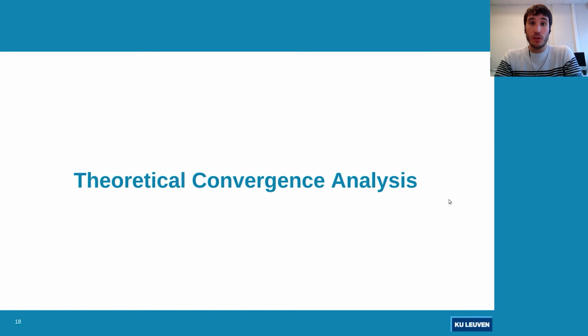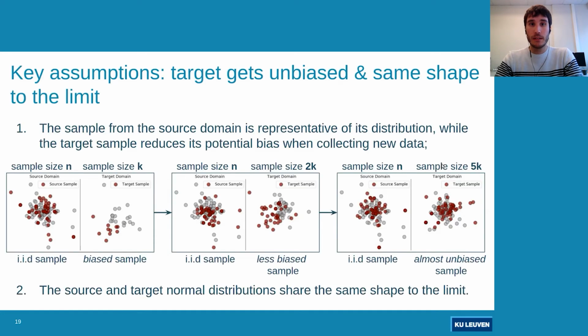Our third contribution is a theoretical convergence analysis of TRADE's behavior to the limit, of course. We started from 2 hypotheses. First, we assume that the source sample is representative of the source distribution, meaning that it is large enough and IID.